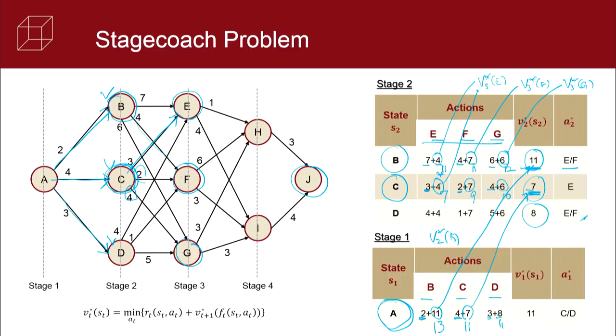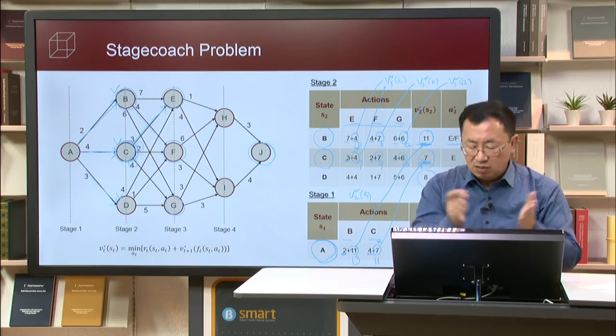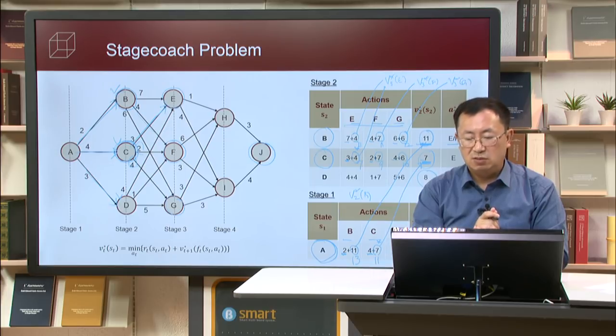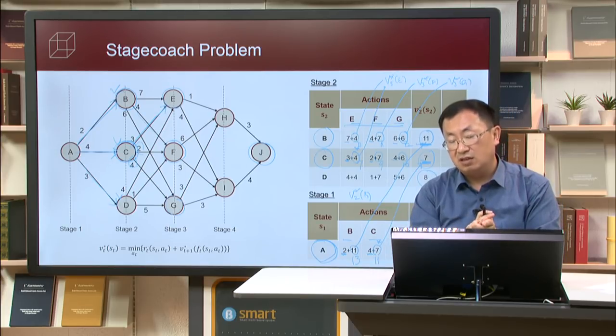So you are interested in the minimum cost, right? The length of the shortest path from A to J is equal to 11. And 11 can be attained if you choose either C or D in this state A. So basically, by working backward in time, we can find the optimal solution, which is 11 in this case.